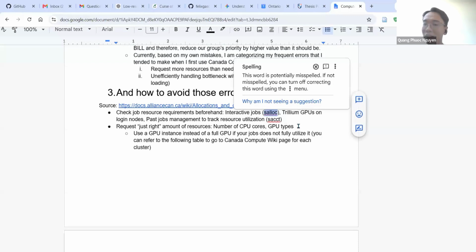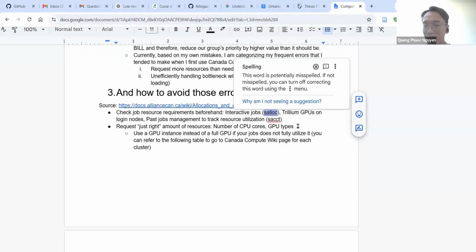salloc command. Given these interactive jobs, you can debug your own jobs on an interactive command line, just to make sure that you understand how much memory is required for the jobs, and what number of CPU cores, for example, efficiently boosts the data loading process of your jobs, to avoid a data loading bottleneck.